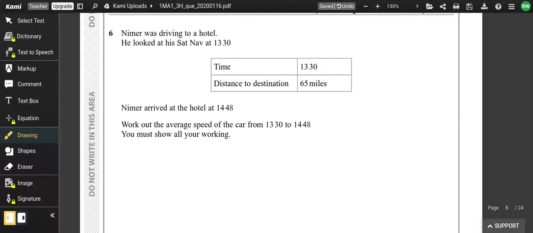Okay, Nima was driving to a hotel, looked at sat-nav at 1:30, arrived at the hotel at 14:48. So if we subtract those, we've got an hour and 18 minutes. And we need to convert that into hours.